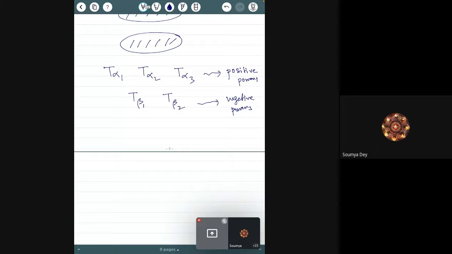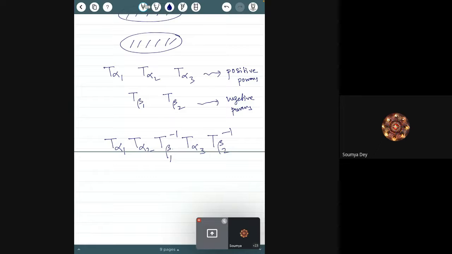So let me start. One such example would be this, say beta 1 inverse, right?